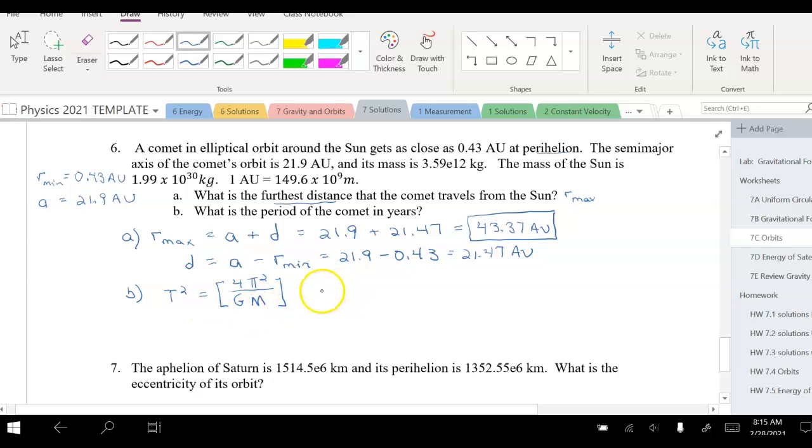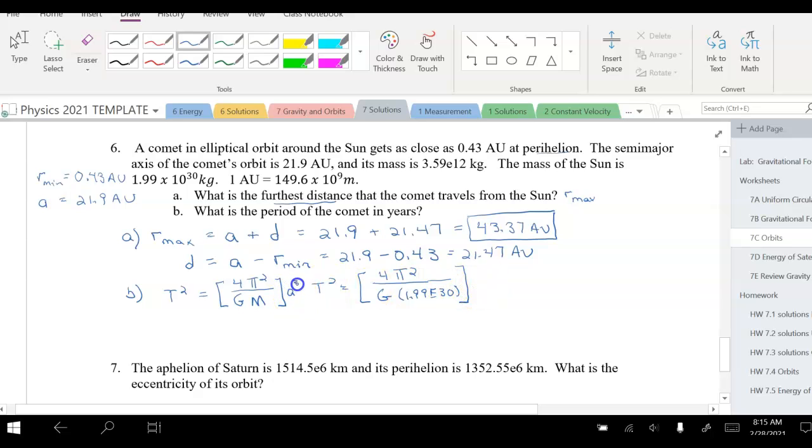And so in this case, T squared is going to equal 4 pi squared over G. I have a decision to make of which mass to use. I have the mass of the comet, but I also have the mass of the sun. So the mass that I need is the mass of the central body, the bigger mass, which is 1.99 times 10 to the 30th kilograms. Okay? And then I need the semi-major axis.